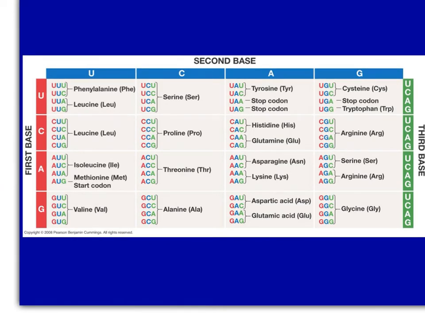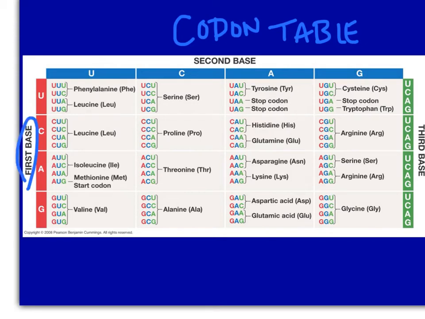If you look at each of these codons, this is a codon table. On the left-hand side is the first base in the codon.